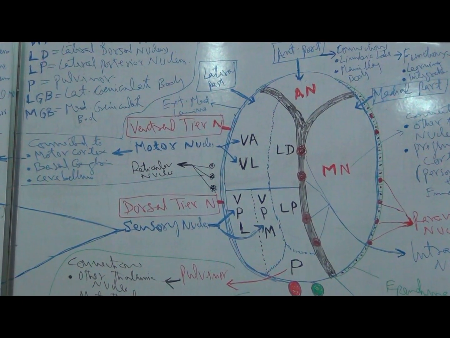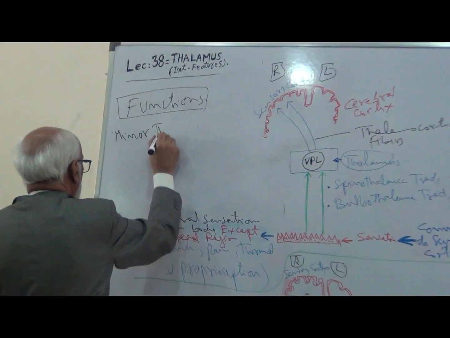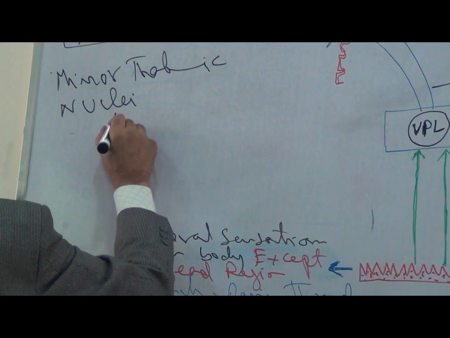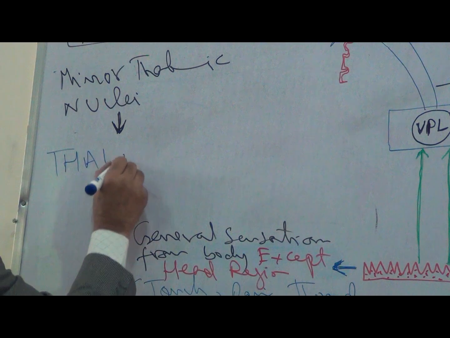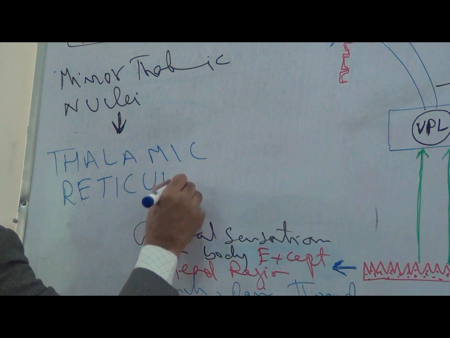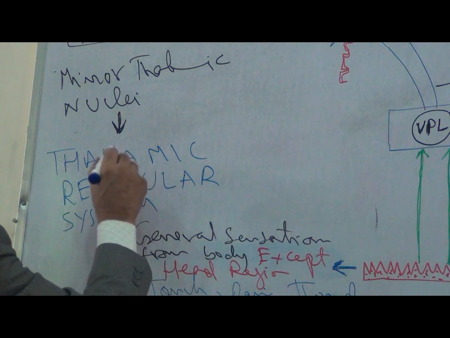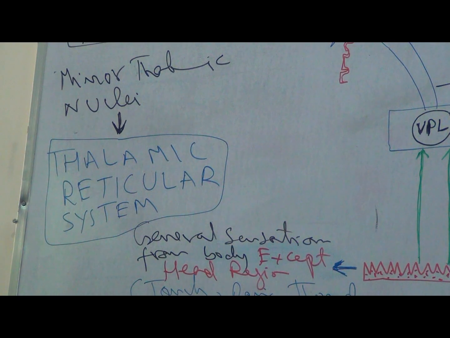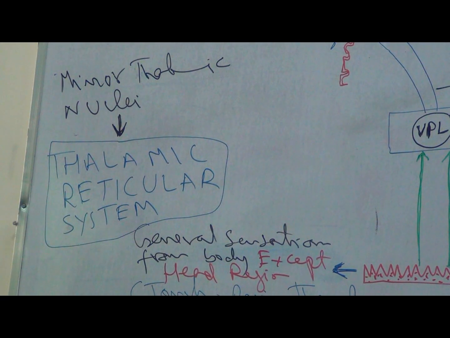These minor nuclei form the minor thalamic nuclei, which collectively form the thalamic reticular system.